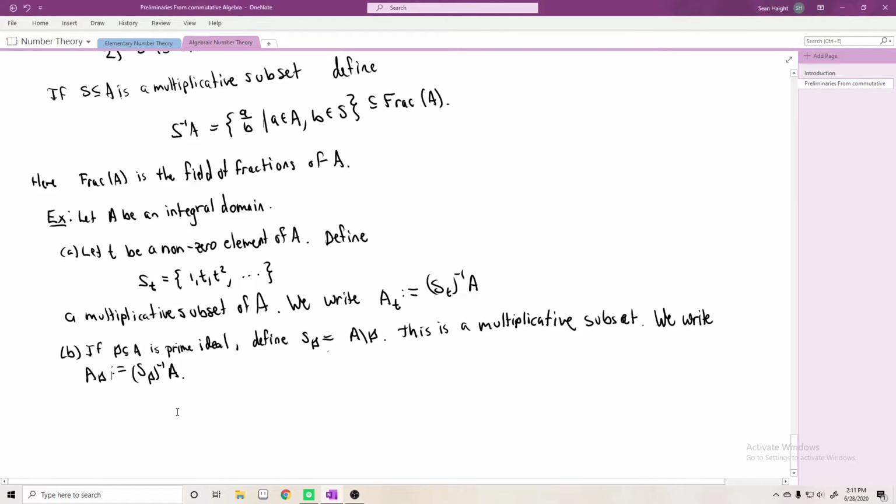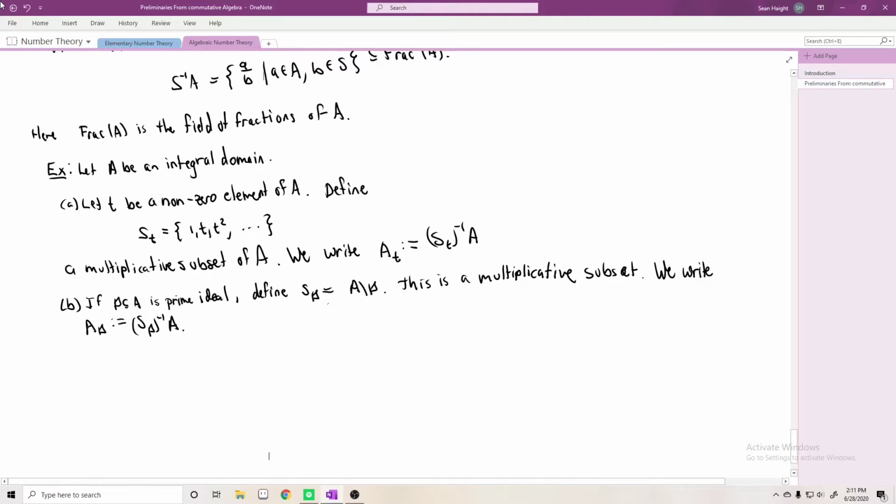Okay, so the next proposition tells us about what ideals look like in localizations.